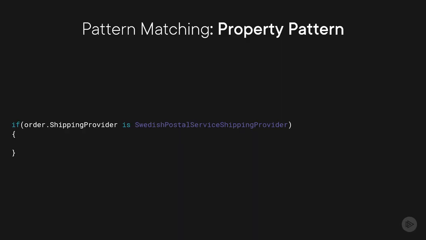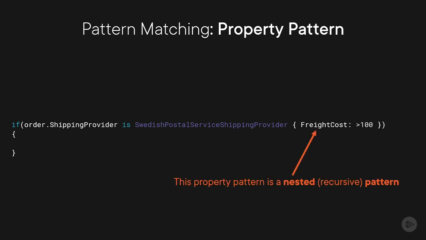An example of a recursive pattern could be that you first check the type. This will also ensure that it's not null. Then, after the type has been checked, we'd like to check a property value. Let's say that if the order has been set to use the Swedish postal shipping provider, and the freight cost is more than 100, we'd like to add a discount to the order.